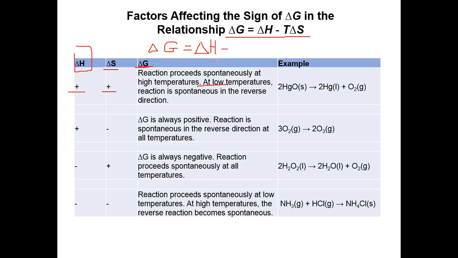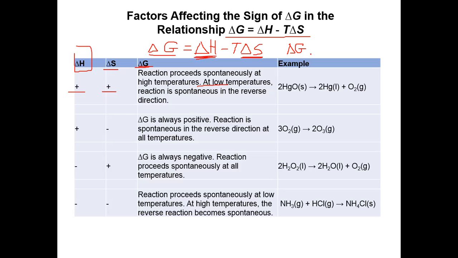Now let's look at this one. So this one is always positive, and this is always positive. So what do we need to make the process spontaneous? We need to have delta G less than 0. If we have delta G less than 0, then the process is going to be spontaneous.